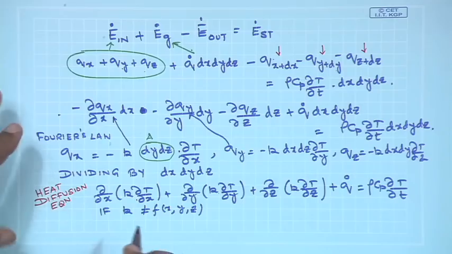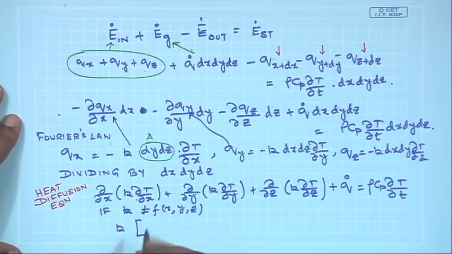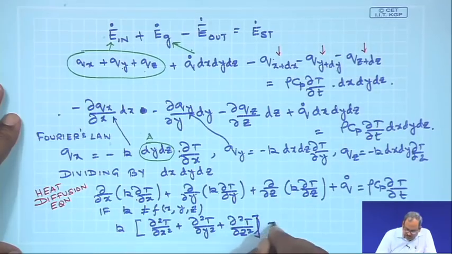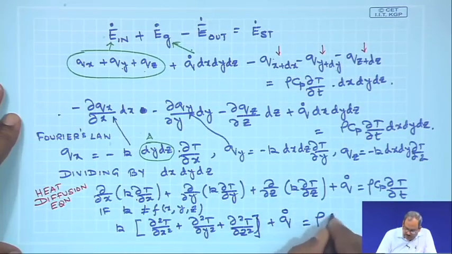So, therefore, this k is not a function of x, y and z, and therefore, the k can be taken out of the differentiation sign, and what we get is the most common form of heat diffusion equation, which would simply be k times (del 2 T by del x square plus del 2 T by del y square plus del 2 T by del z square) plus q dot equals rho Cp del temperature by del time.